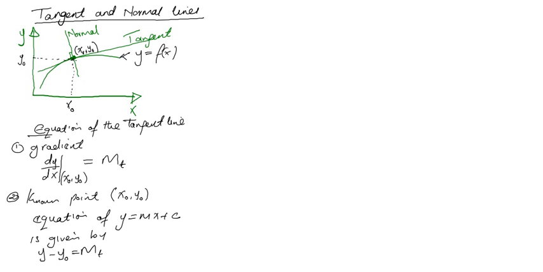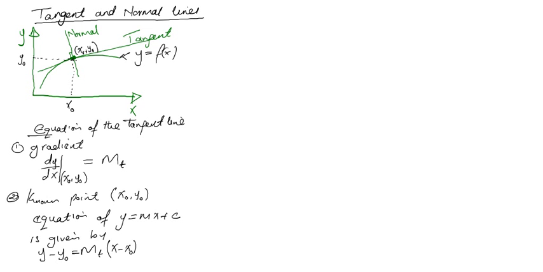Then the other one is x minus x0. This is how you create the equation of any straight line.